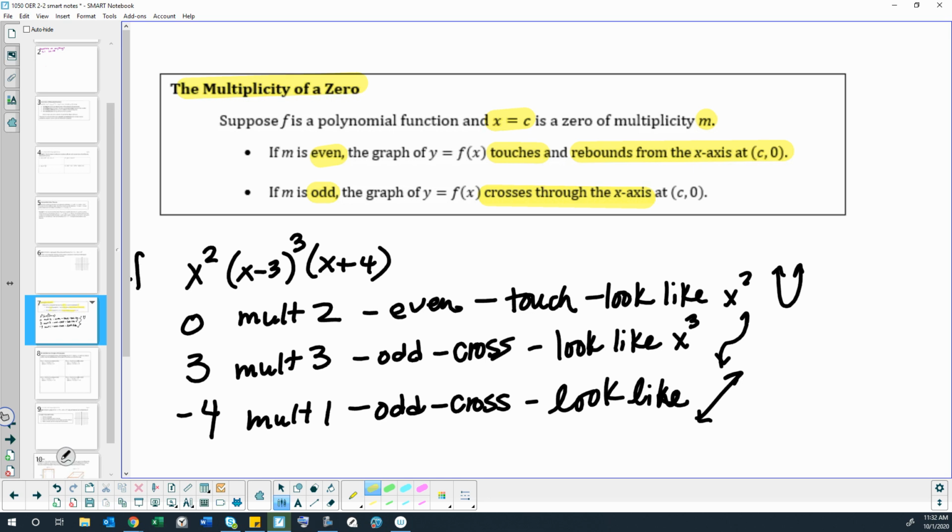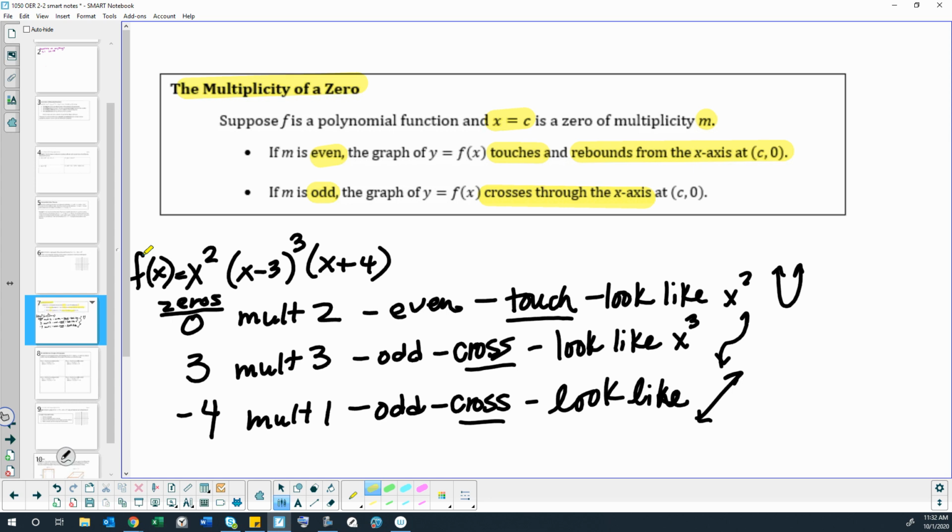So I just made this problem up really fast, and then we figured out the zeros. We figured out their multiplicity, and based on that, the multiplicity tells us whether it's going to touch or cross the graph at each point. This one is going to touch the graph, and it's going to look like a parabola at that point. This one's going to cross the graph and look kind of like an x cubed at that point because it's multiplicity 3.